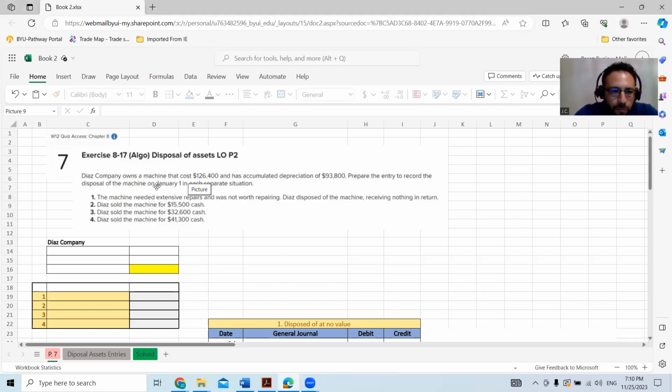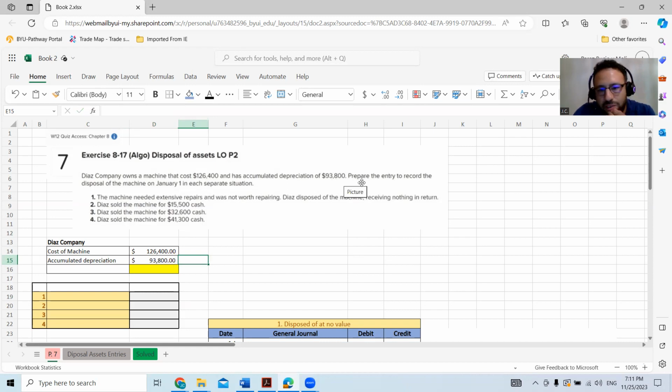So the cost of the machine, we have that information. At some point in the past, it cost us $126,400. And we also have the accumulated depreciation of $93,800.